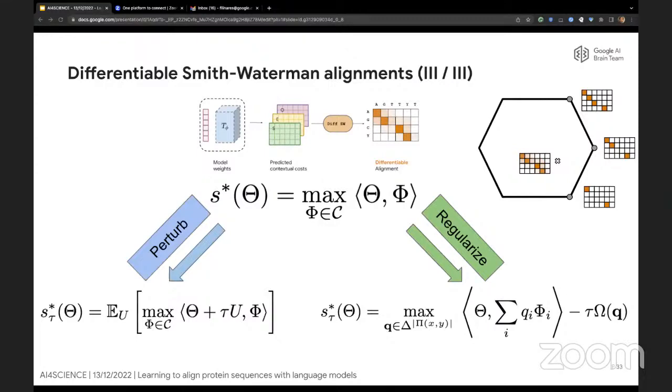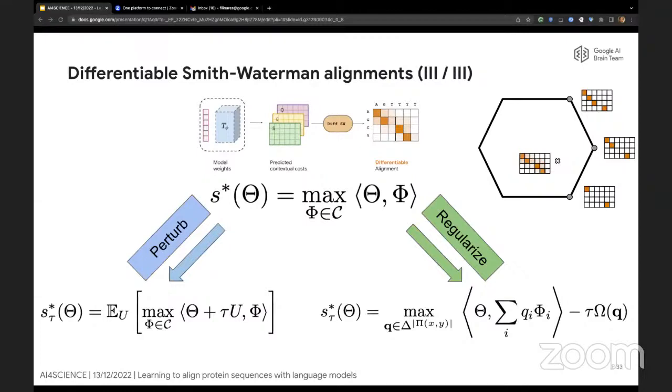And what this basically means is that we're allowing for fuzzy alignments, which are kind of like the expectation of some probability distribution over vertices. So for example, maybe it's 0.8 times this alignment and 0.1 times this one and 0.1 times this one. And we get some kind of blurry alignment.